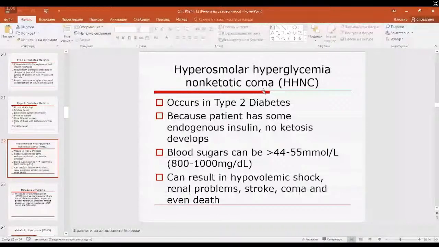You should keep in mind that these blood glucose levels should not be going down very fast. So you must not be so aggressive because the patient can develop cerebral edema, coma, and then die if you go too fast when decreasing the blood glucose levels.